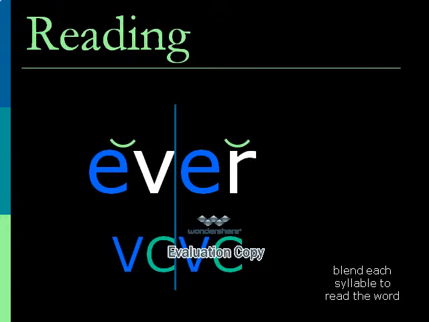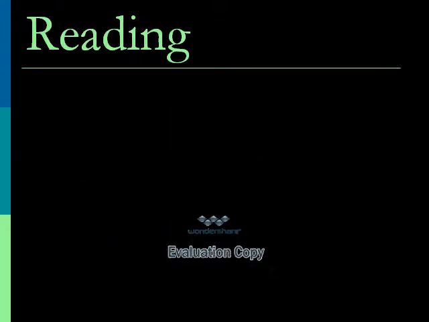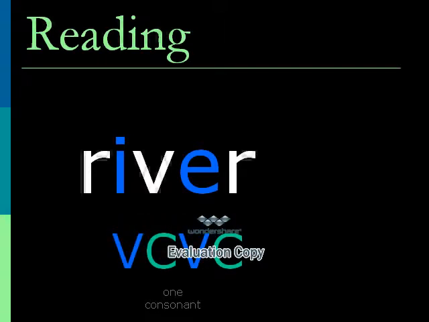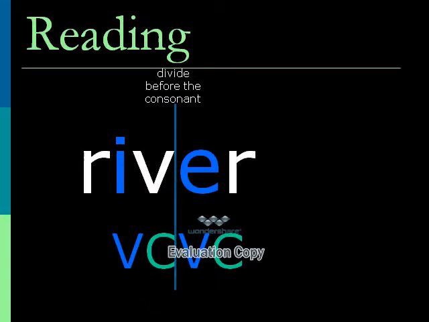Let's move on to the next word in our group. River. This one is very similar to the word you just saw. It has one consonant in the middle of our two vowels. And when we divide after the consonant, we have two syllables.